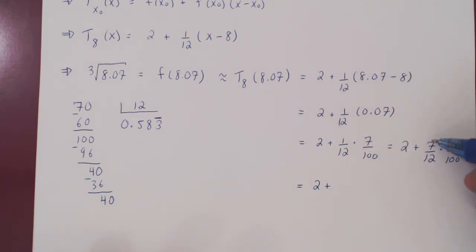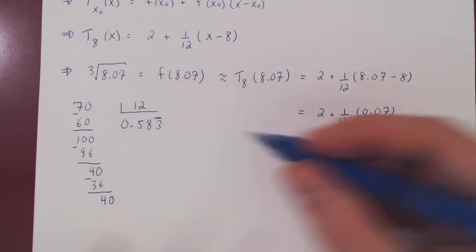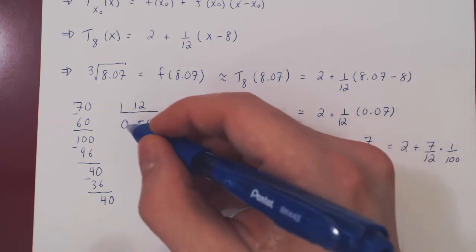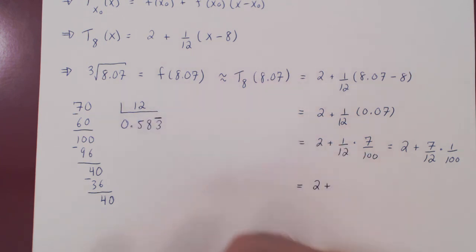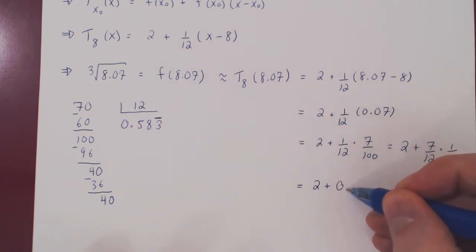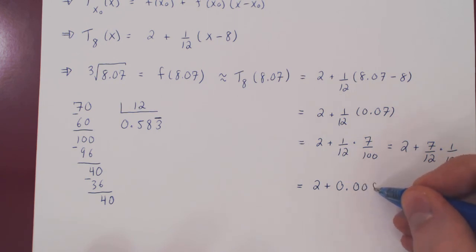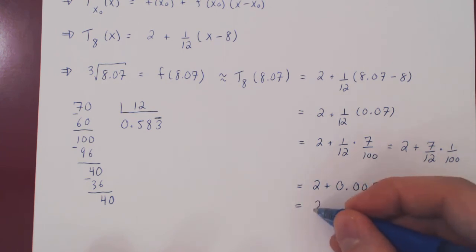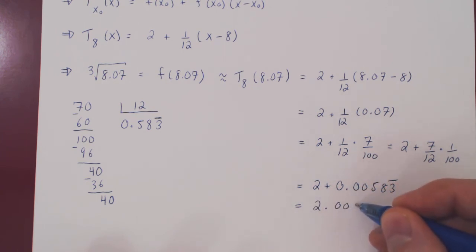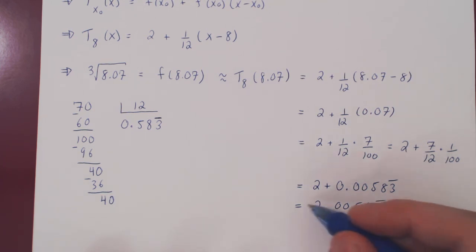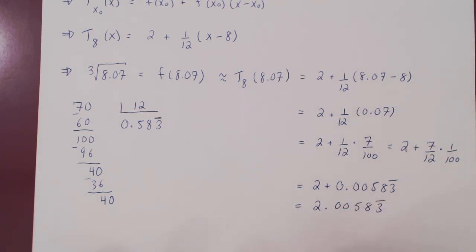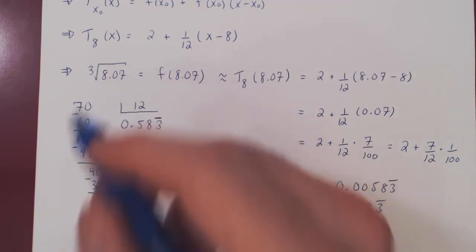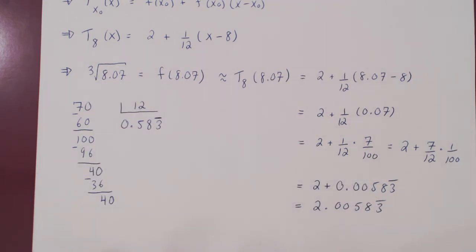What we have is 7 over 12 divided by 100, so we have to move the decimal place to the left by 2 additional places. And so we'll get 0.00583 periodic. This is a trivial addition, 2.00583 periodic. And this is it. This is our linear approximation to the cube root of 8.07 obtained by hand.